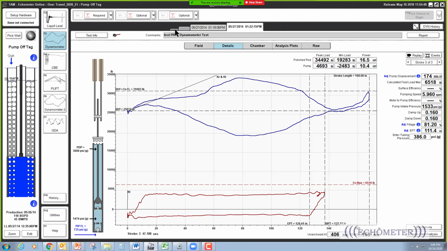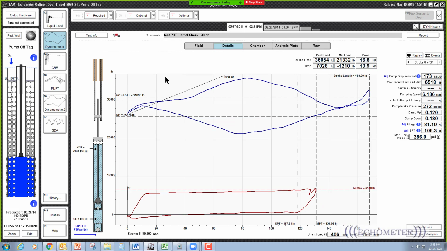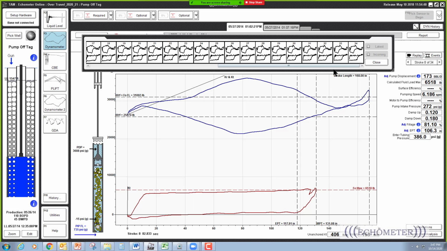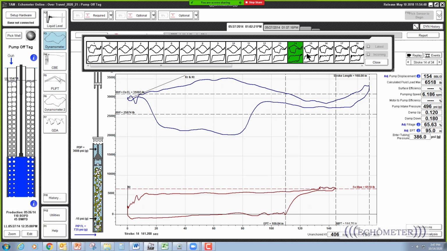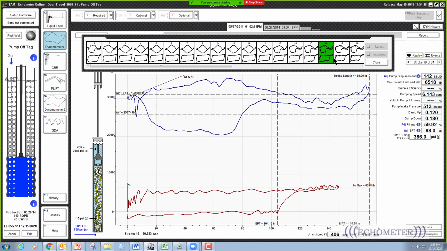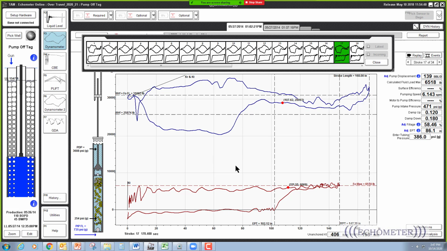If I go to the first data here, this is acquired with a PRT, and this has a downhole stroke of about 130 inches, and the pump is full liquid. And if we look at the strokes, the first, I don't know, 12 strokes are full, and then we start to have incomplete pump fillage, and right there we're starting to tag.